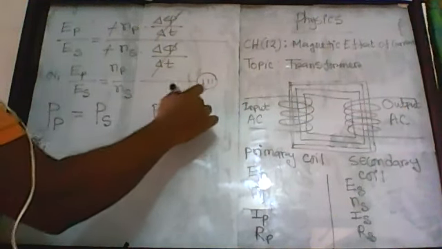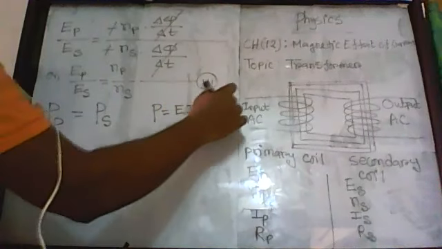Now primary power. You see the formula of electrical power: P equal to VI.